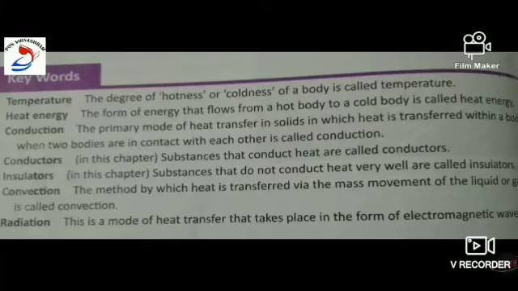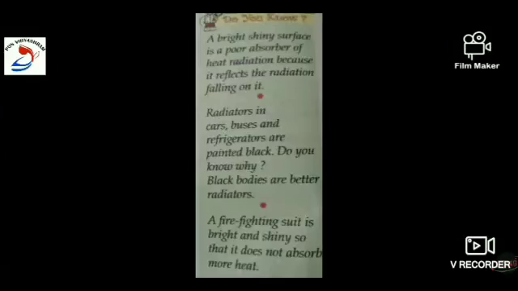Conduction takes place in solids, in which heat is transferred within a body or when two bodies are in close contact with each other. Conductors: substances which conduct heat are called conductors, for example, metals. Insulators: substances which do not conduct heat are called insulators.